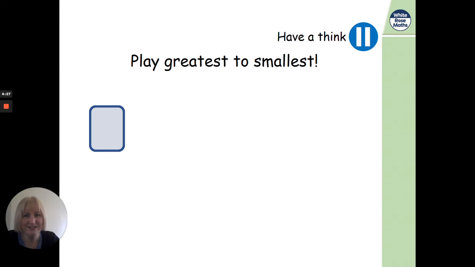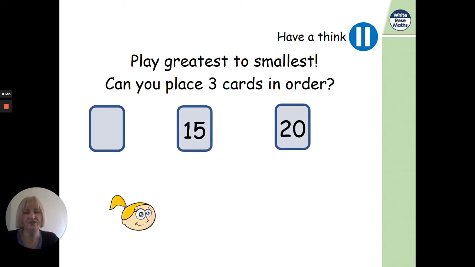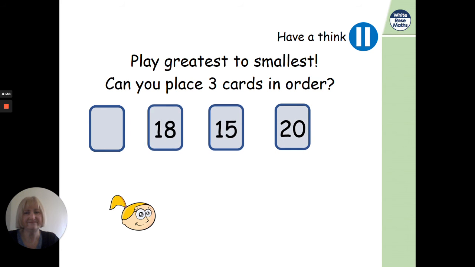Play greatest to smallest. You could play this game at home. Can you place 3 cards in order? 1, 2, 3. So see if you could put those in order from the smallest to the greatest, from the greatest to the smallest. Well, this game says play from the greatest to the smallest.